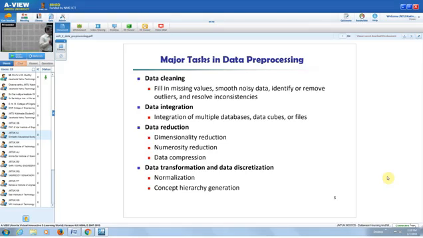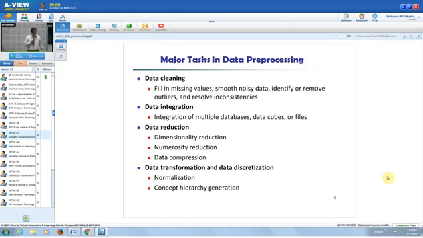Then data reduction. Data reduction consists of dimensionality reduction, numerosity reduction, and data compression. These are the three different means. For dimensionality reduction, you have attribute relevance analysis and you remove the irrelevant attributes, or you do correlation analysis, and if any attributes are strongly correlated with each other, you remove those attributes.